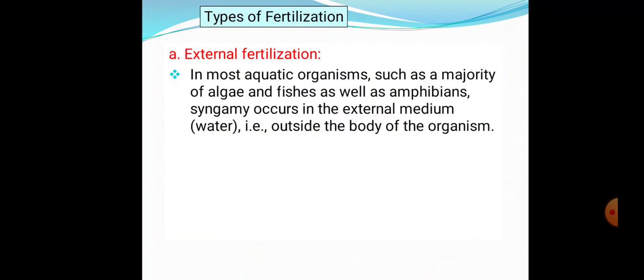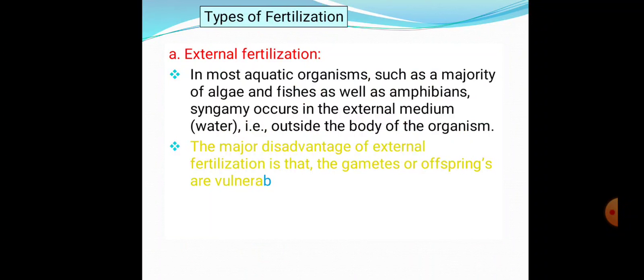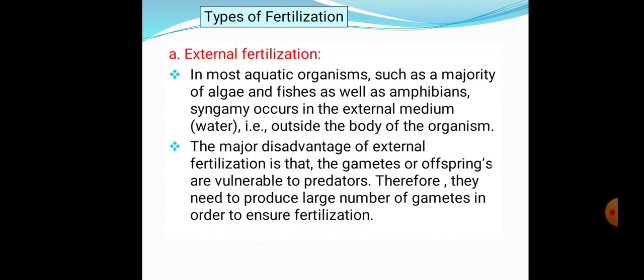This is said to be external fertilization. The major disadvantage of external fertilization is that the gametes or the offspring are vulnerable to predators. Therefore, they need to produce a large amount of gametes in order to ensure fertilization.